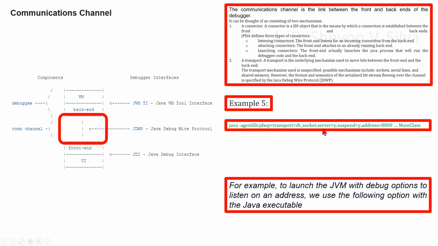Server suboption: if y, listen for a debugger application to attach, otherwise attach to the debugger application at the specified address.